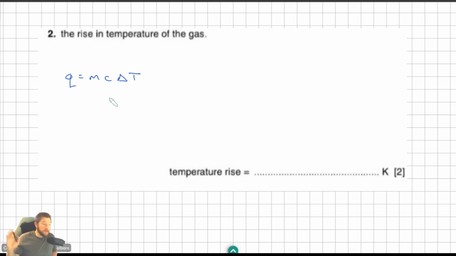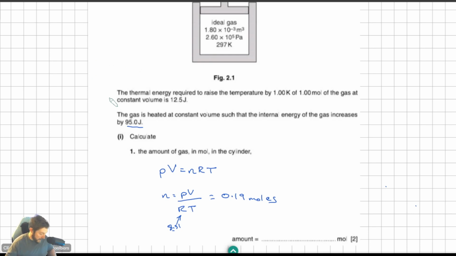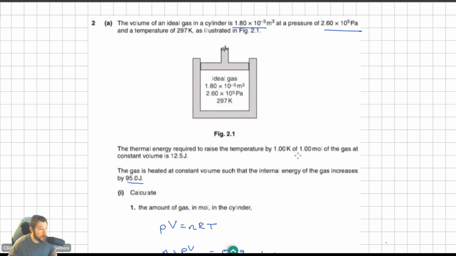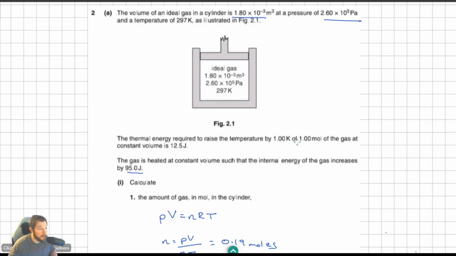So to the Reddit user, whose name I'm not using for anonymity reasons, but you know who you are, the reason we don't use this equation is we don't know the mass of the gas. The question hasn't told us the mass. It has told us the volume, the pressure, the temperature initially, but it hasn't told us the mass. So we can't use that.